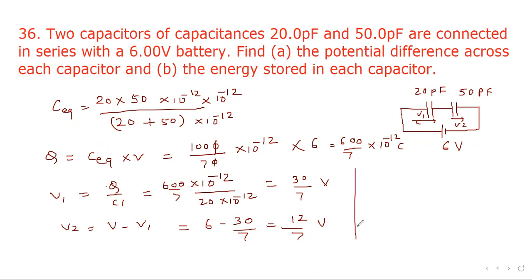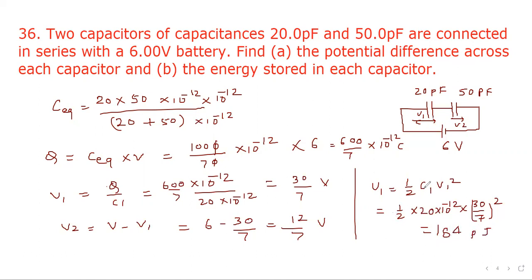Energy stored in each capacitor. So energy stored in the first one, U1, is half C1 V1 square. We put the values: 1 by 2, C1 is 20 into 10 to the power minus 12, into V1, that is 30 upon 7, whole square. If we evaluate it, it comes out to be 184 picojoule.